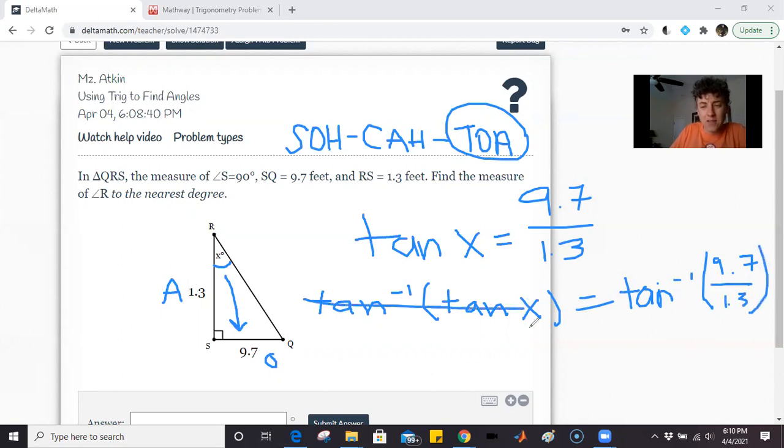That cancels this out, so we just have x is equal to tangent inverse of 9.7 over 1.3, and of course, we're going to ask a calculator to answer this question.